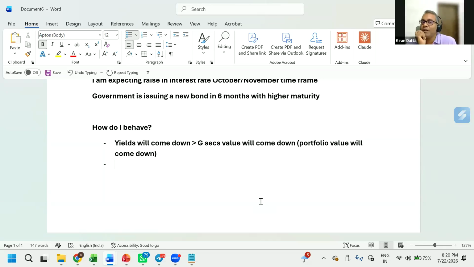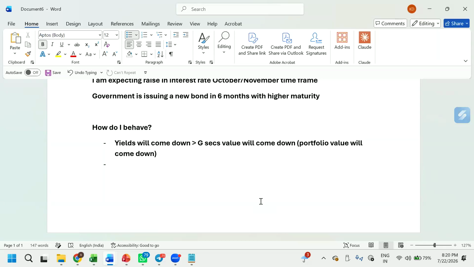We discussed this multiple times in options and futures. I will hedge it, but how will I hedge it? The short-term bonds you can play around. No, sir, one more attempt.